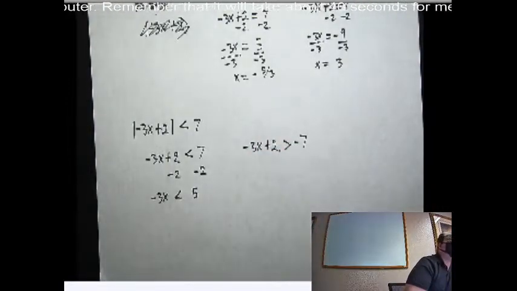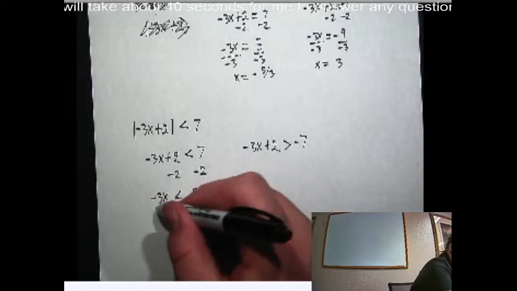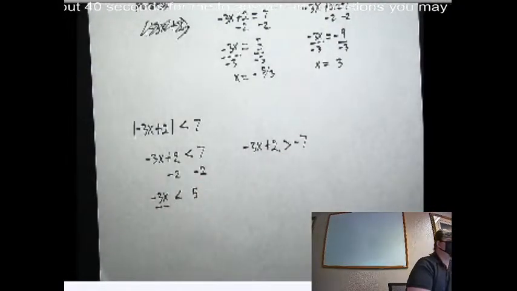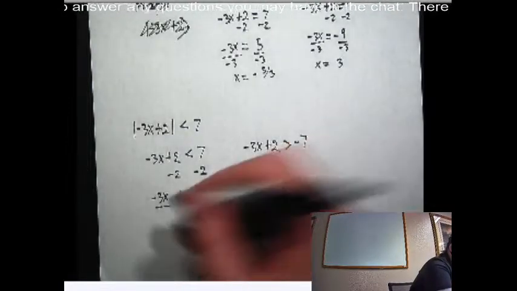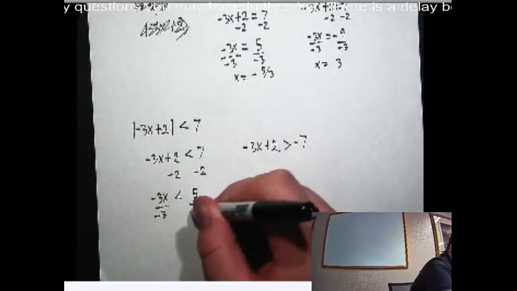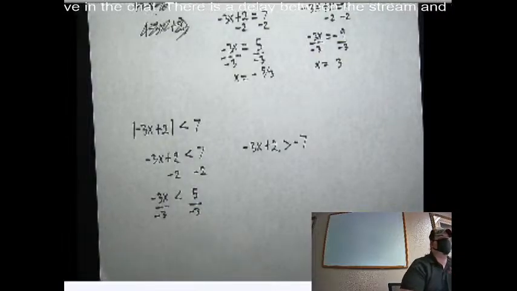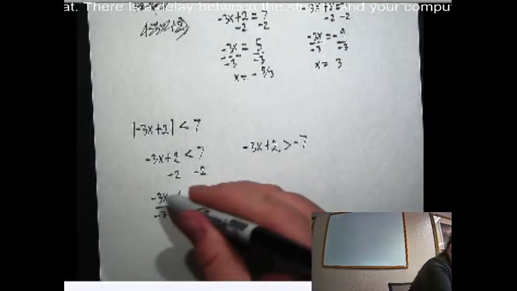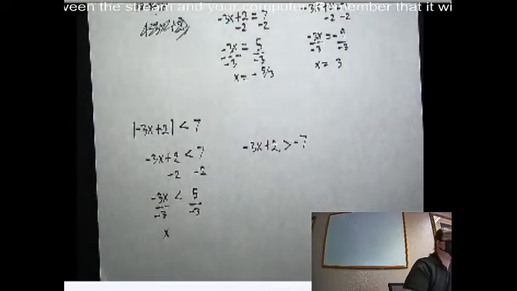And now what do we do? Good. So when we divide by this negative 3, since we're dividing by a negative, notice that this side starts negative and becomes positive.